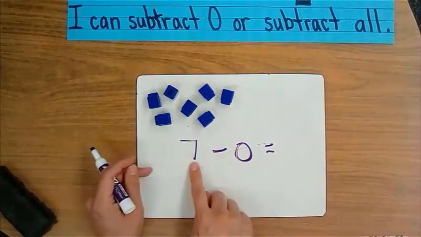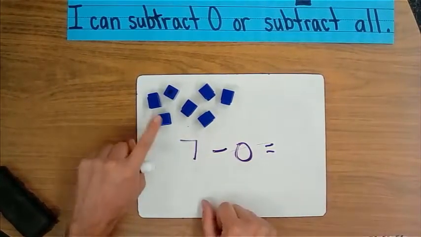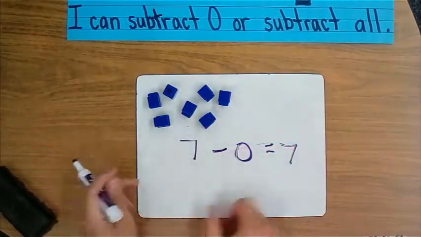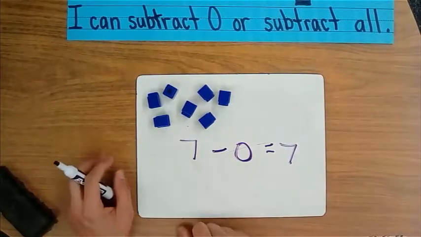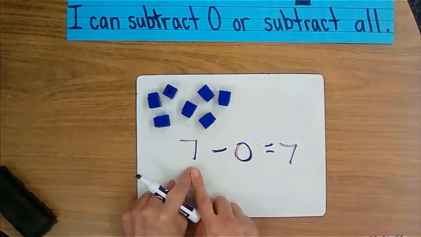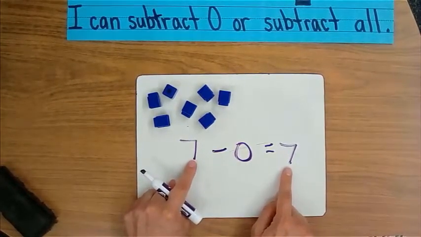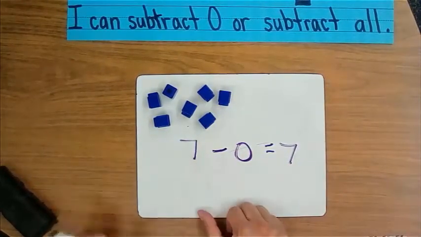So let's see. I have 7, take away 0, should be 7. So let's see, 1, 2, 3, 4, 5, 6, 7. That's right, because I didn't take any blocks away. So 7 minus 0 equals 7. Oh, so I see that the pattern is that if I have a number and I take 0 away from that number, the answer is always going to be the same as this number right here. Okay.